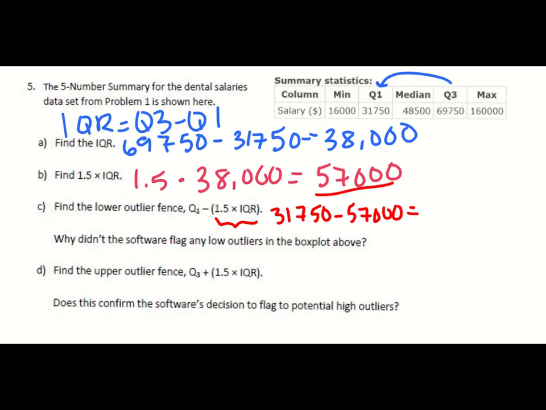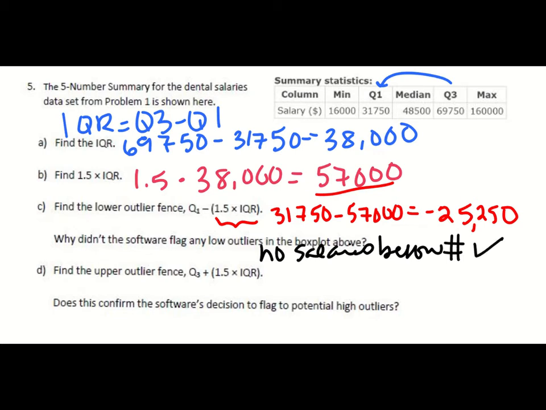So if I do $31,750 minus $57,000, we're going to get negative $25,250. So if I have any salary in the office that's below that, that will be an outlier. Obviously you don't have any salaries in your office that are below negative $25,250. So there are no outliers below this number.